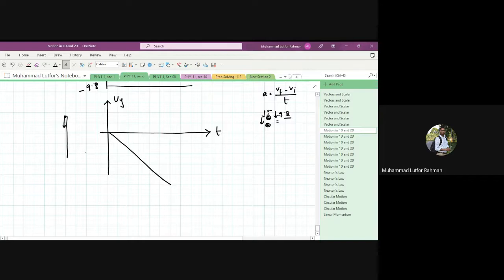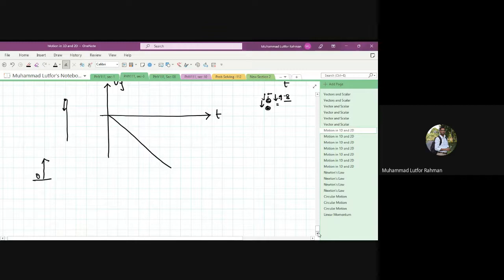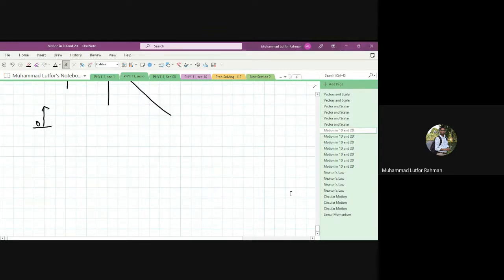What about if you throw the ball in the upward direction? What will happen in that case? Is the velocity increasing or decreasing?